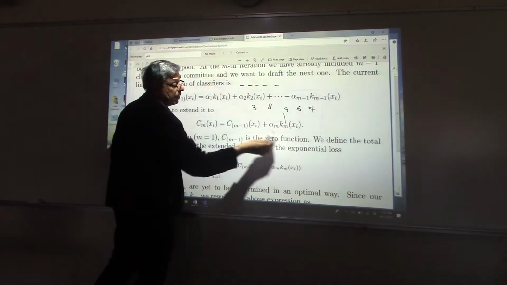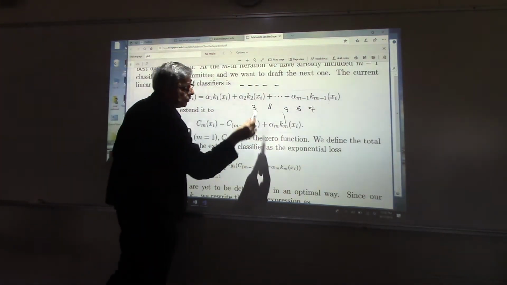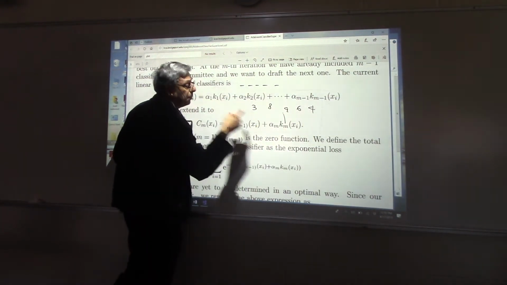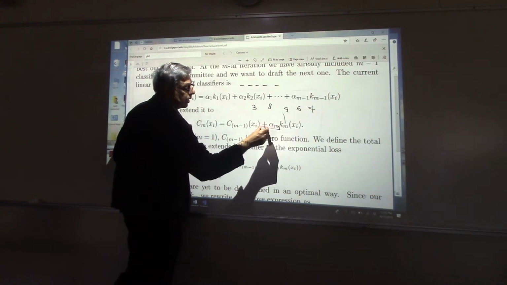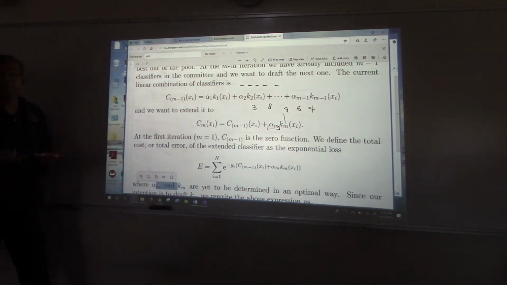So this K of m could be any one of those. Okay, so we have 2 things to decide: which one of these will be picked next, and what should be the coefficient of that. So that's the basic problem.